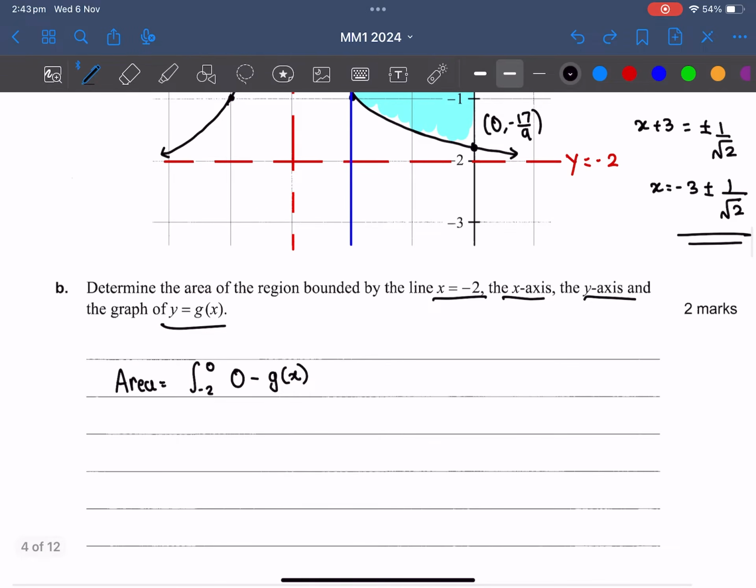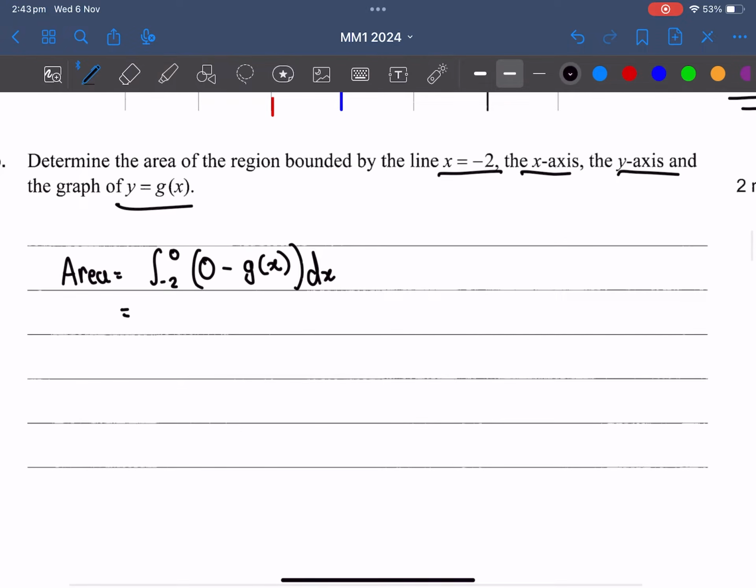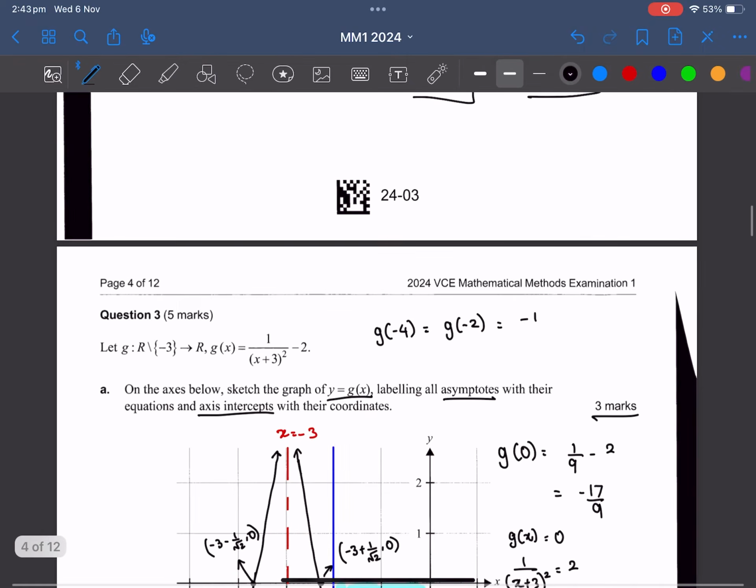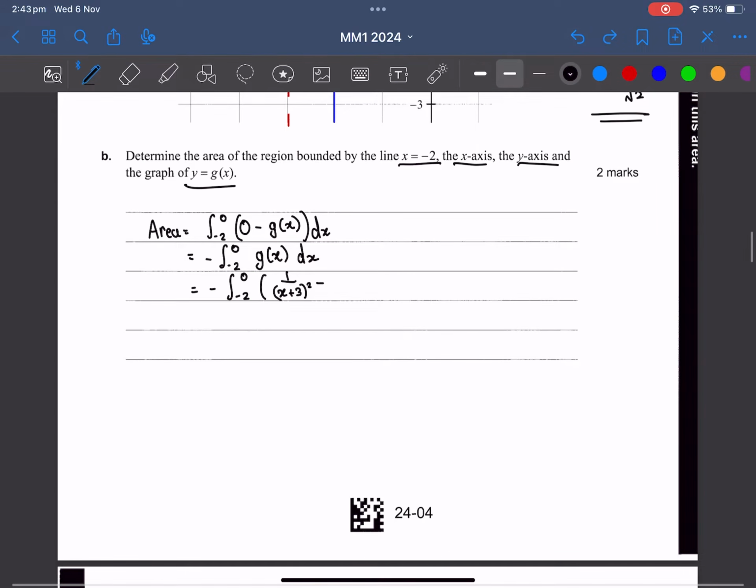Which is going to be the same as the integral from -2 to 0 of minus, and now substitute the things in, 1 on (x plus 3) whole squared minus 2x minus 2 dx.